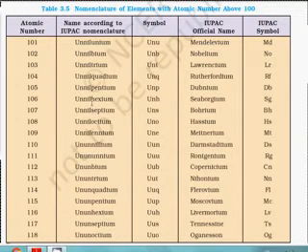Now if you have memorized table 3.4 with the trick, then you will be able to write the IUPAC nomenclature, that is name according to IUPAC nomenclature of any element with any atomic number. Let us take an example. 101 is the atomic number.